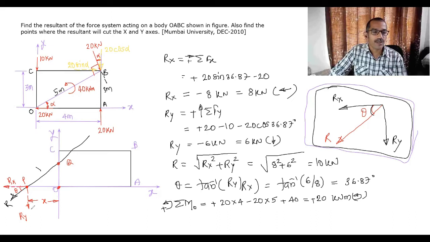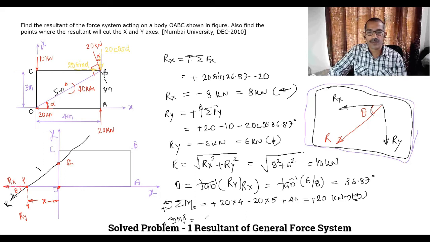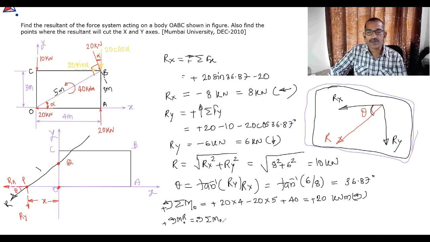That means what is the moment of Ry? Moment of R means moment of Rx and Ry. Moment of Rx is 0, which means only the moment of Ry remains, and the moment is anti-clockwise. That means for the moment of resultant, applying Varignon's theorem: the moment of resultant about O, taking anti-clockwise moment as positive, is equal to the sum of moments of all forces about this point O, taking anti-clockwise moment as positive.